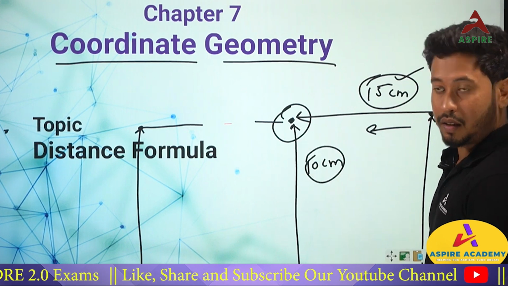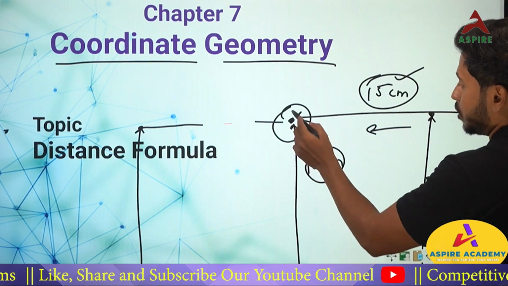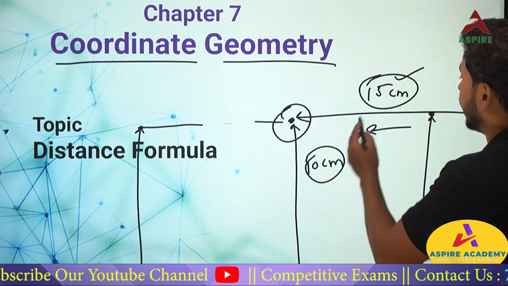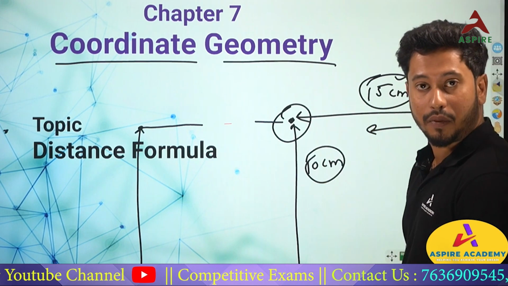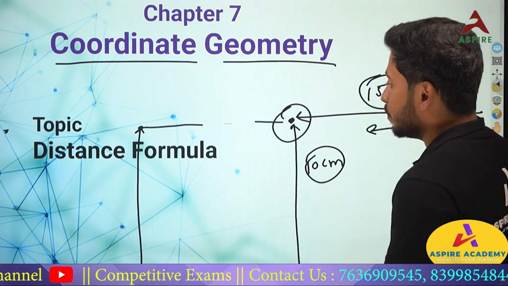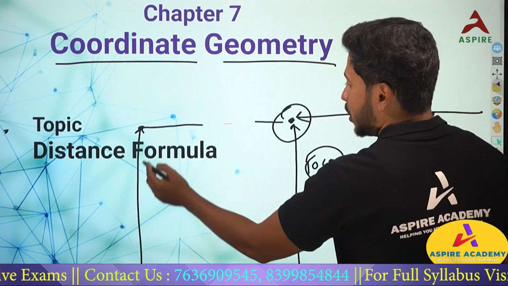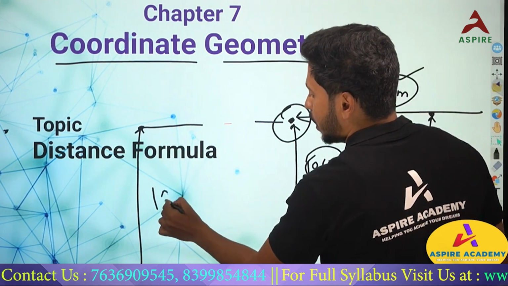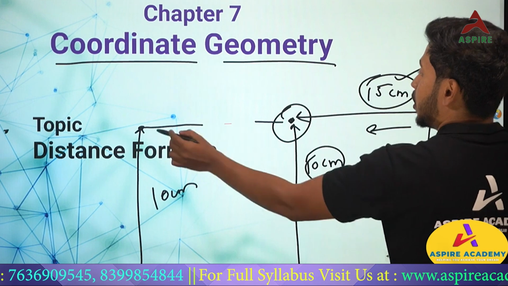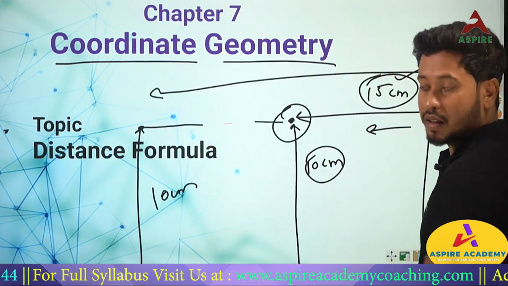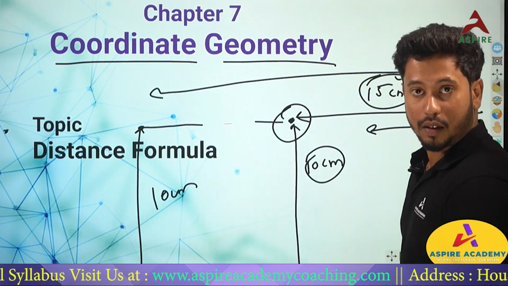The location of this point is 10 centimeter from the ground and 15 centimeter from the right side, right? This other point is 10 centimeter above the ground, it is right, but it is not 15 centimeter from the right side, it is more than 15 centimeter, right?